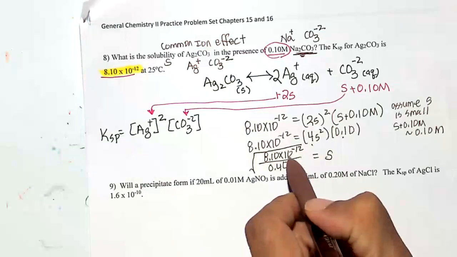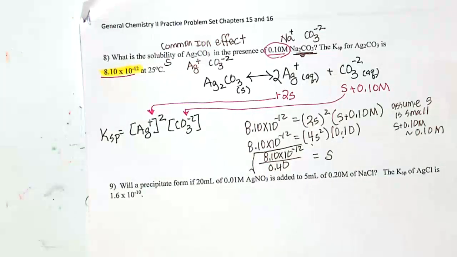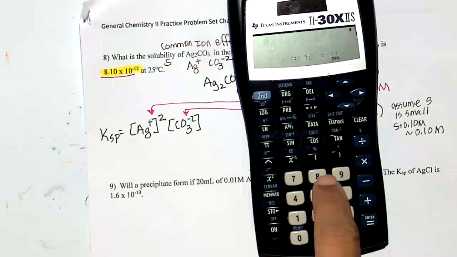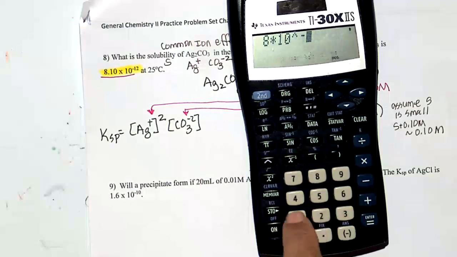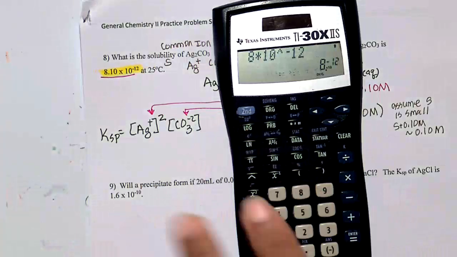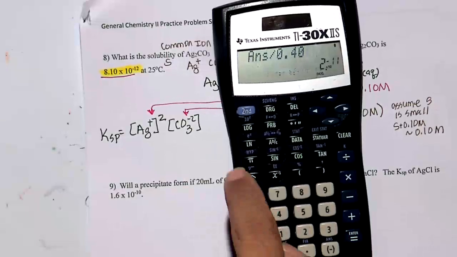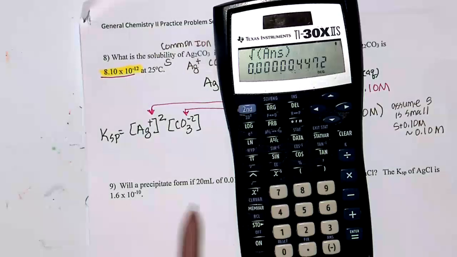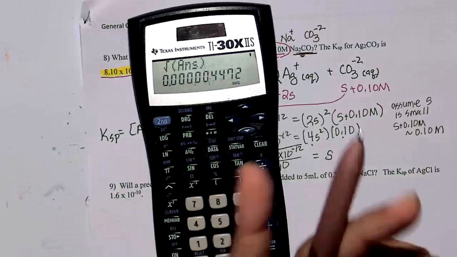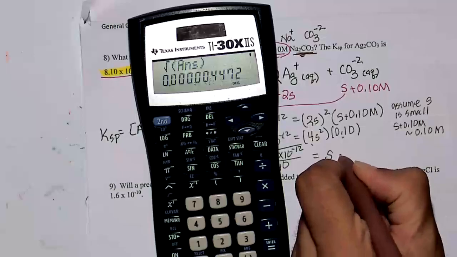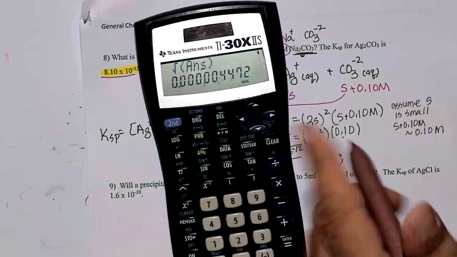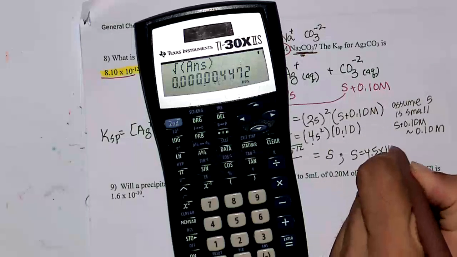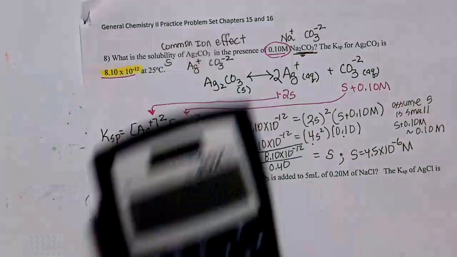Divide both sides by 0.4 and square root it to get S, and then this should be my final answer. 8.10 times 10 to the minus 12 divided by 0.40, and let's square root that, getting 4.47, or 4.5. S is equal to 4.5 times 10 to the minus 6 molar. Don't forget the molar here.